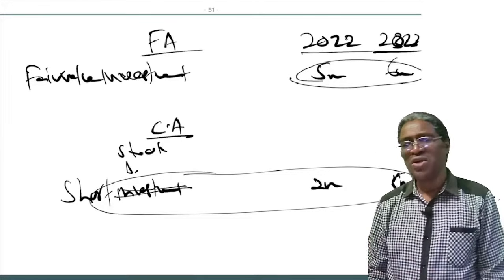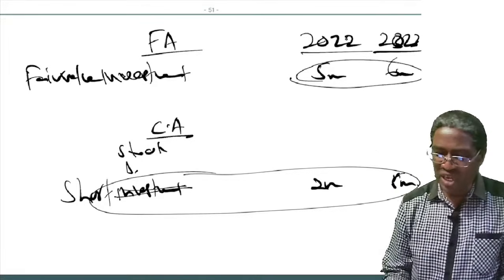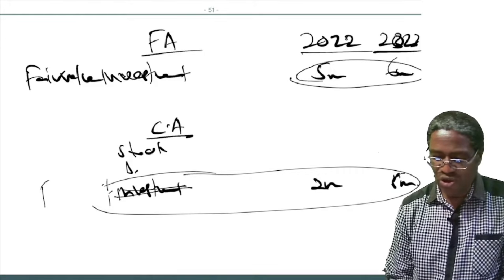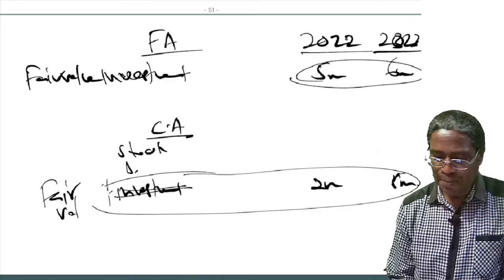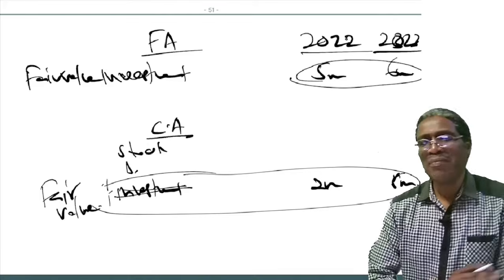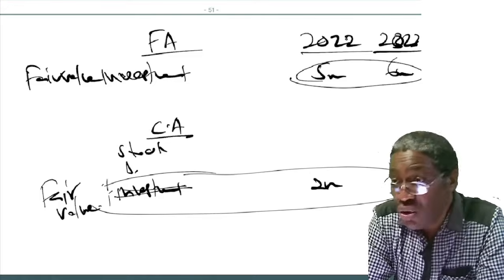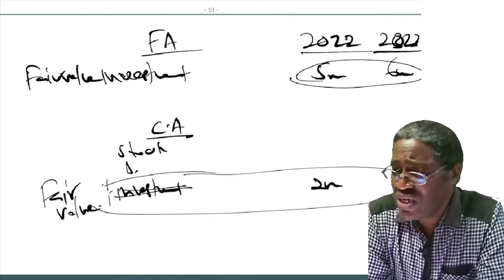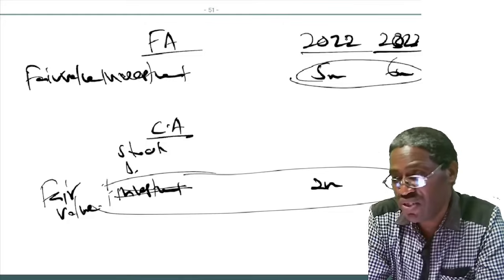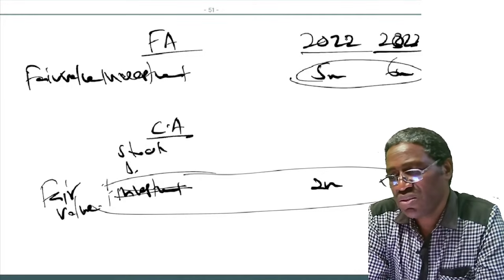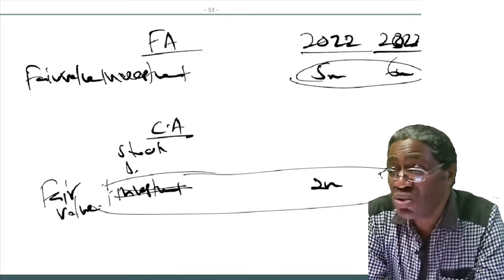So both of them could be investments at fair value. But one of them is a short-term investment. The other one was a long-term investment. I've already discussed how to treat the long-term investment. What about short-term investments? How are you accounting for it?